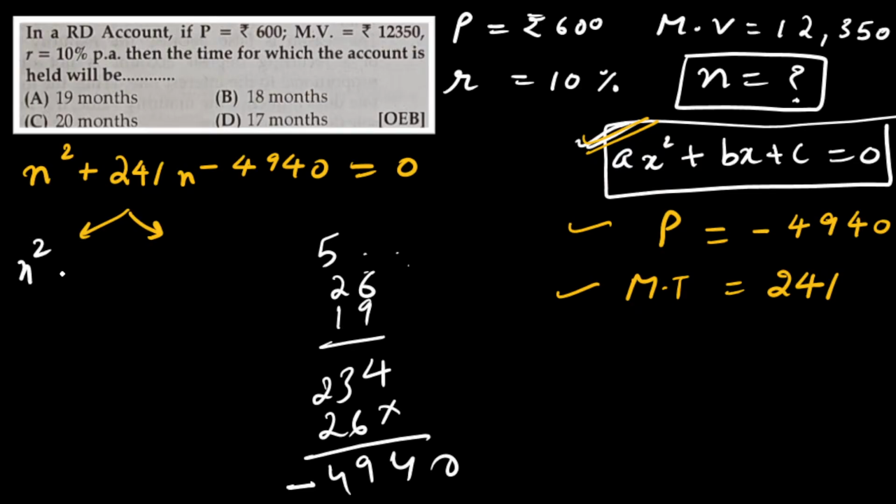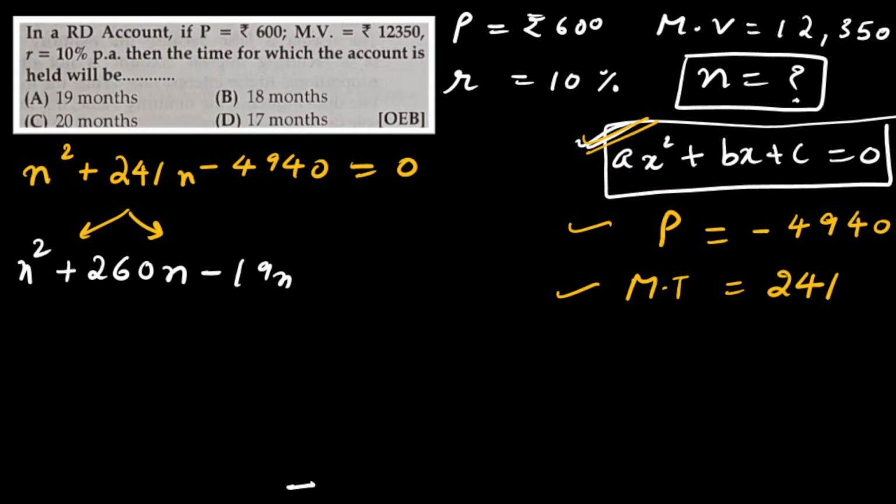So n square plus 260n minus 19n minus 4940 is equal to 0. Here we can take out the common factor, one from this pair, one from this one.